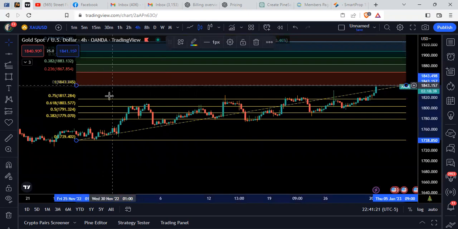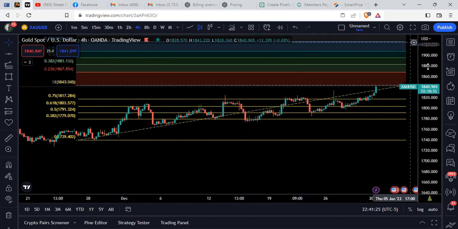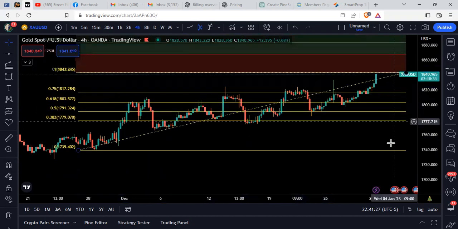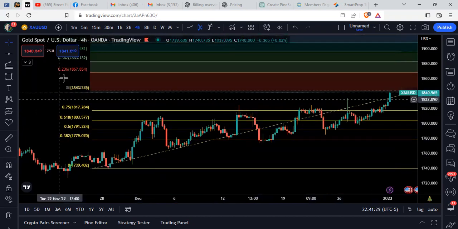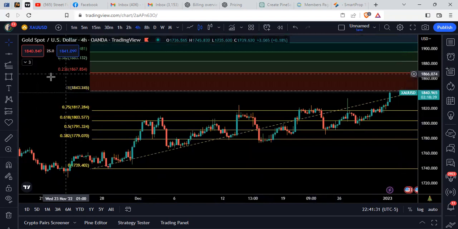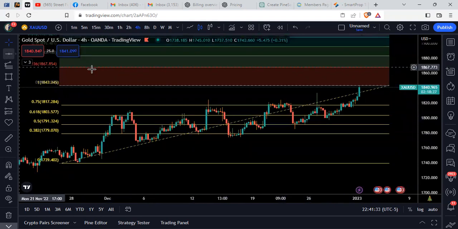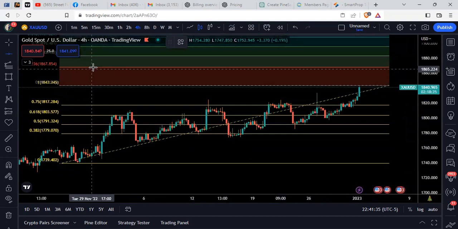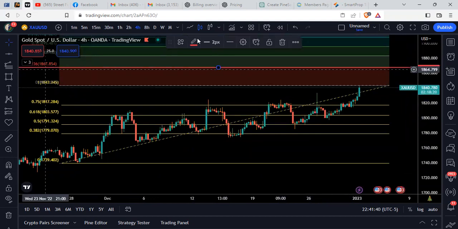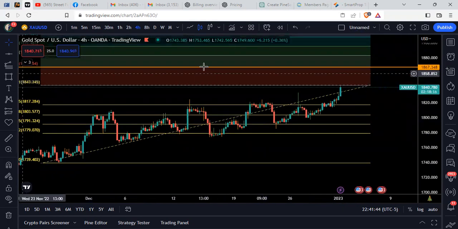And when you line that up like that, our next target take profit is 0.236. So I just draw a horizontal line right there, and boom, that's my target take profit.